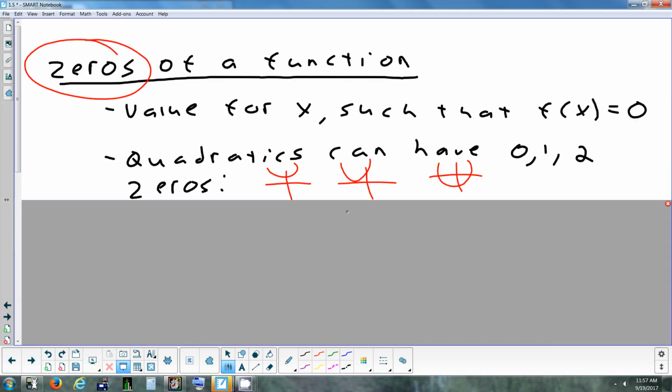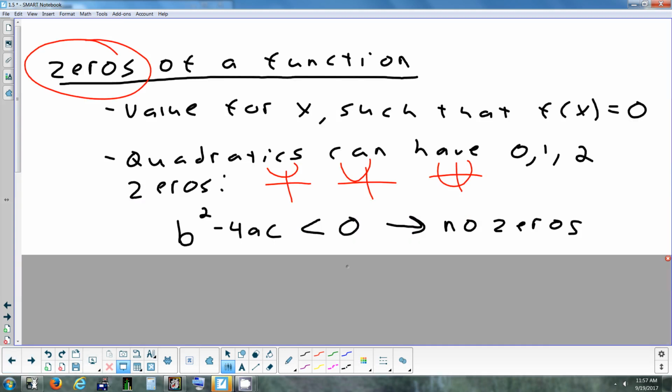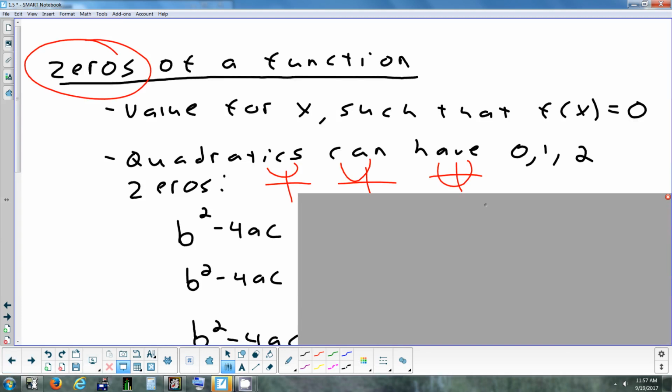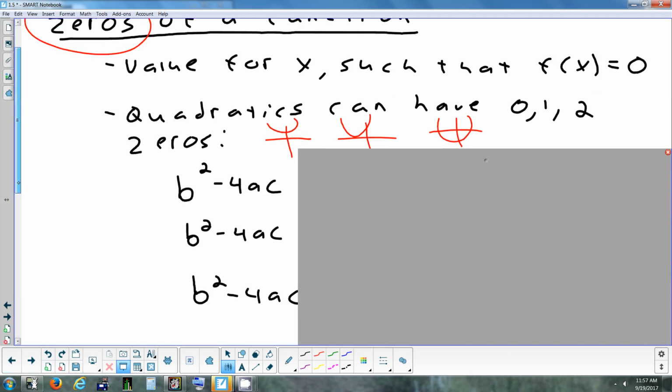That's a 0 of the function. And quadratics can have 0, 1, or 2 zeros. And the quick way to figure out which case it is to evaluate that expression.